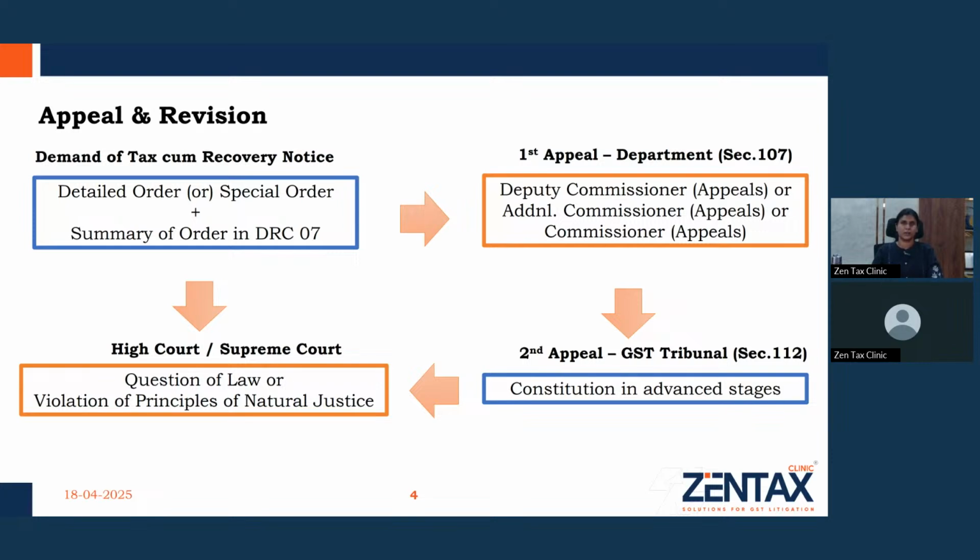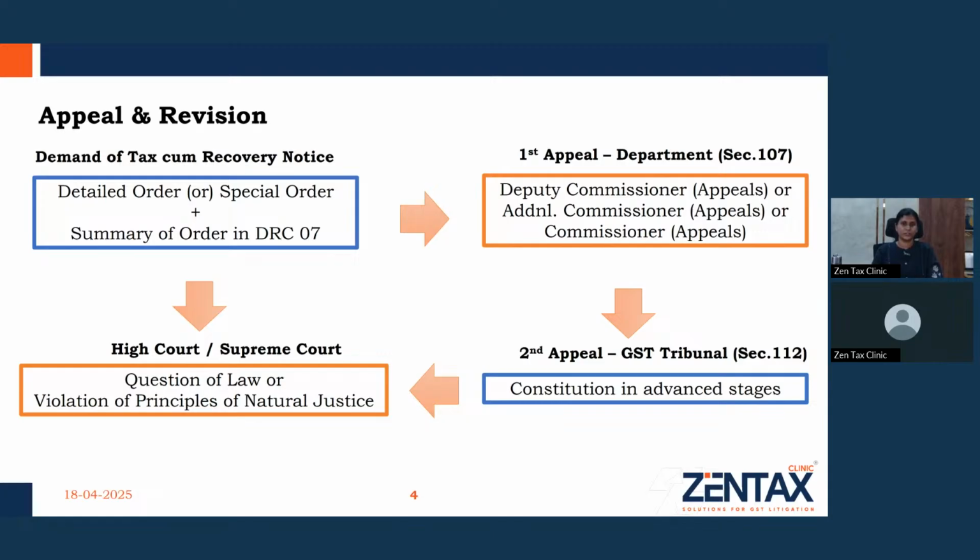Once the appeal is submitted, the proper officer will give us a personal hearing opportunity, and he will also verify all our submissions. In case the officer accepts our claims, then he will drop such order, or else the next stage of proceedings will happen.